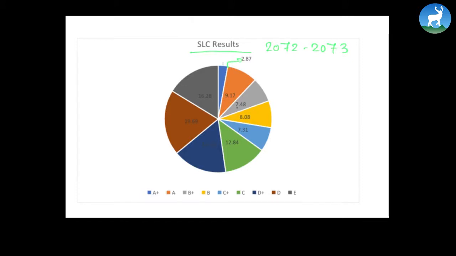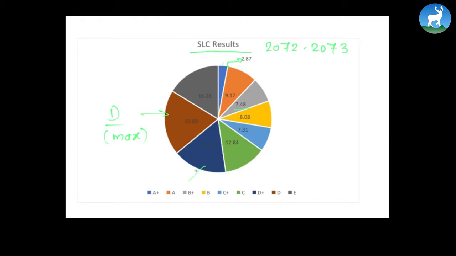This orange is denoting 9.17%, which is A, which means excellent performance. And this little brown thing is representing 7.48%, which means it is good, and that is B plus. If you look at the given pie chart, the maximum percentage is D, which is 19.69, and so this is D, which is insufficient, and it is the maximum percentage that the students got.